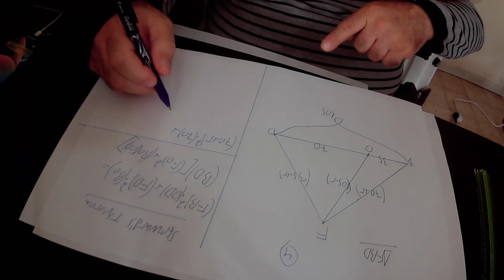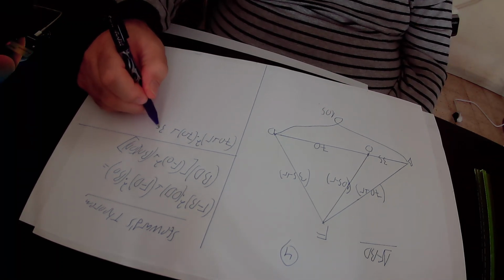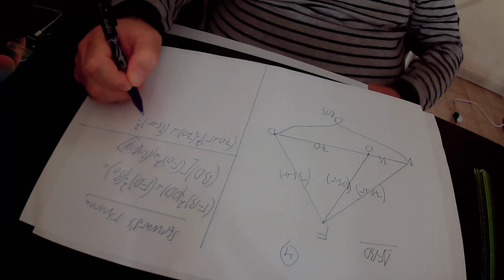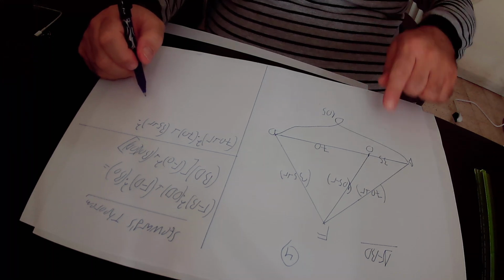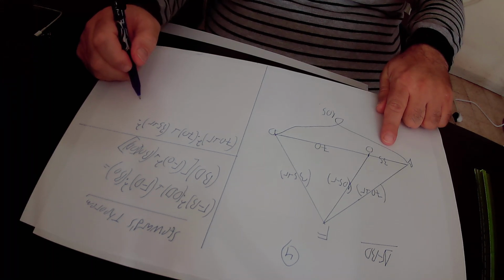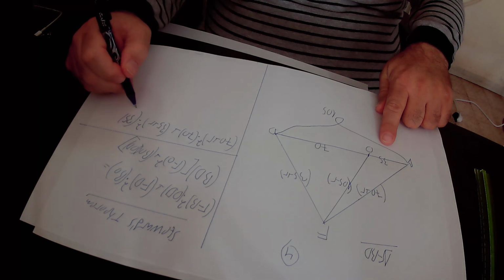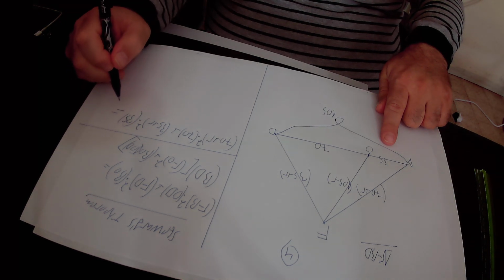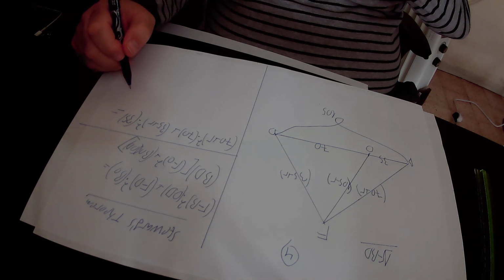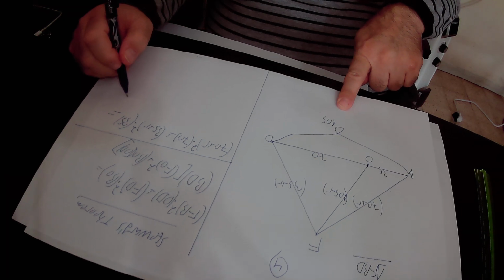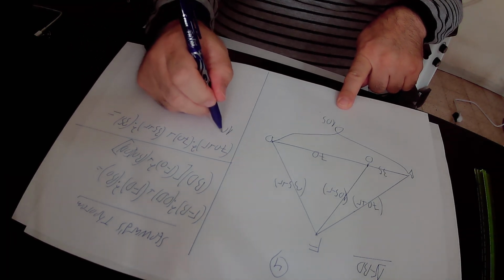FD is 35 plus R, therefore FD squared is 35 plus R squared times BO. BO is 35, so we substitute BO by 35. Is equal to BD. BD is 105, so we substitute BD by 105.